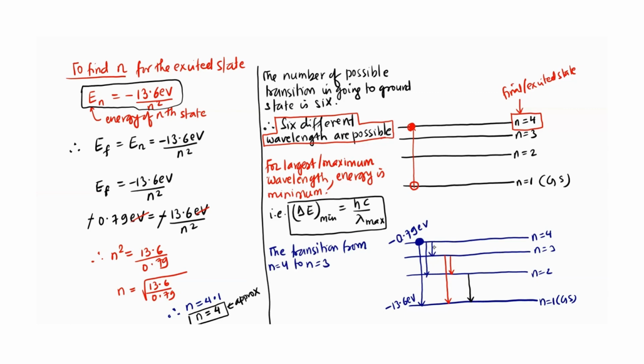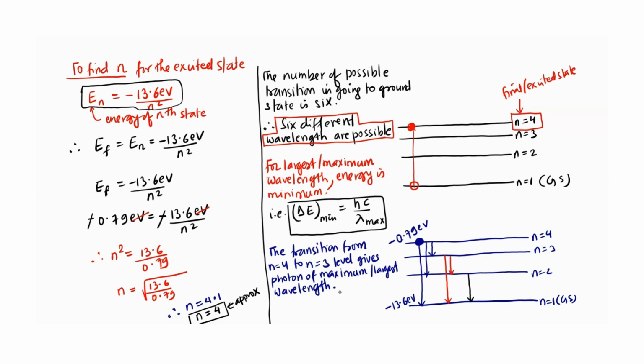So we find the energy difference for this transition is minimum. This level gives photon of maximum or largest wavelength. So we have this.